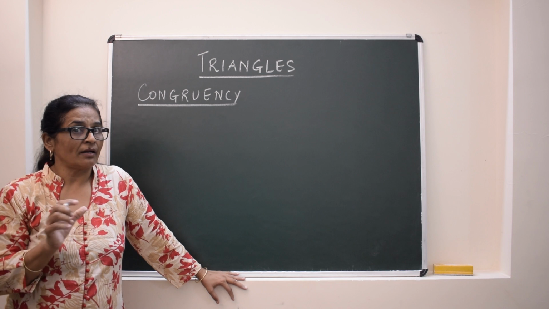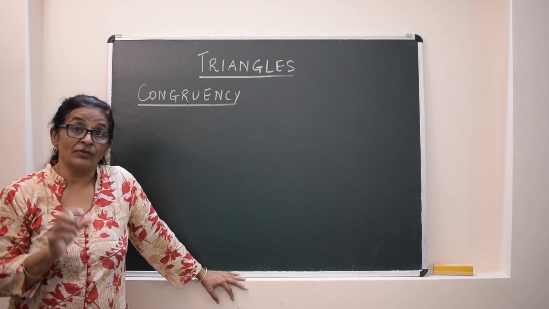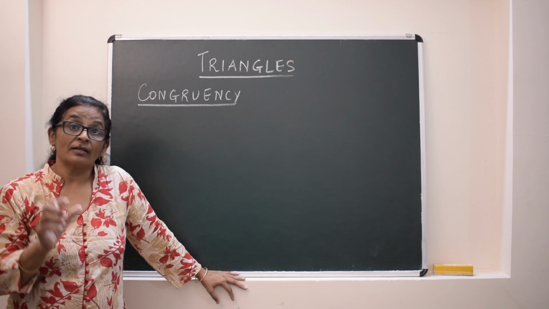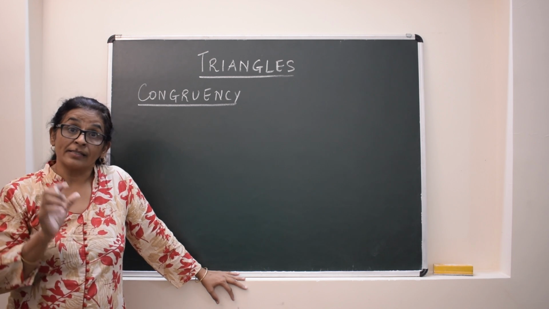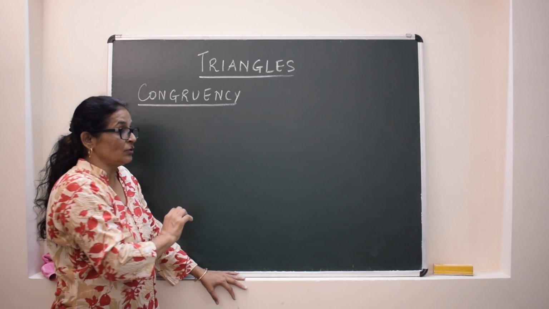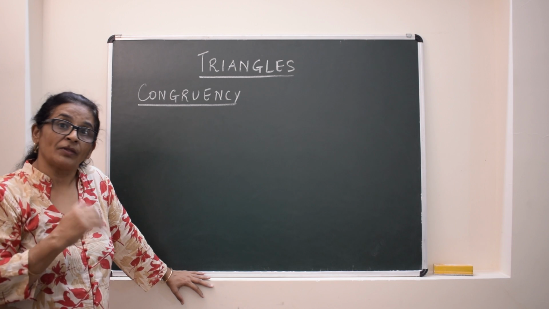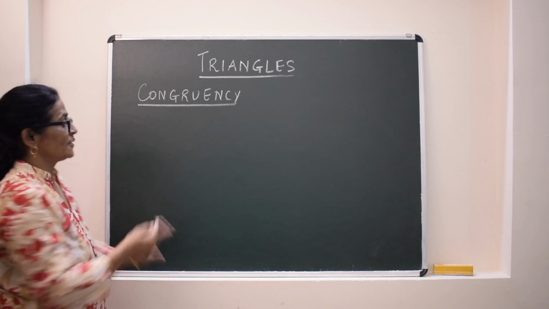Means if they are line segments, their length should be equal. If they are angles, their measures should be equal. If they are squares, their sides should be equal. So we will discuss some figures in which I will tell you how to check the congruency of different figures first. Then we will go to triangles.